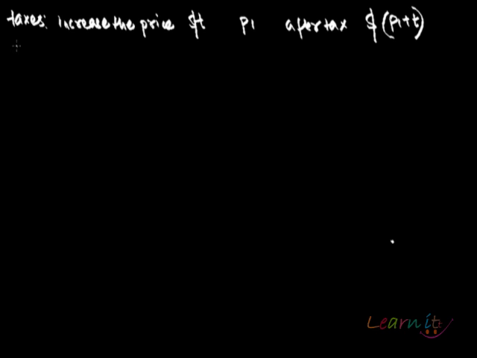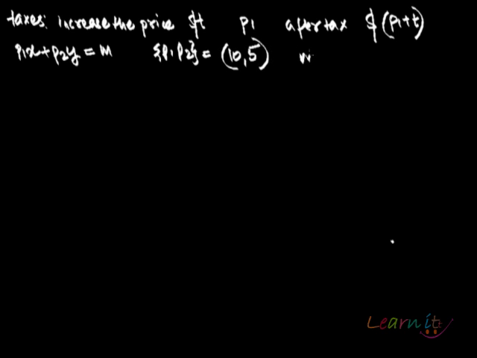In case your budget line was P1x plus P2y equals m, say your P1 and P2 are 10 and 5, income is say 50. Then the budget line was actually 10x plus 5y is equal to 50.